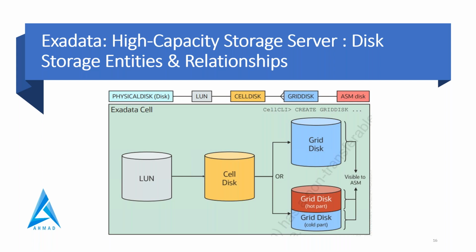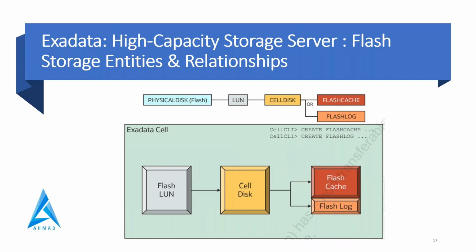In fact, when Exadata is initially configured, three grid disks are defined on most of the cell disks. We will discuss later the two grid disk, three grid disk or four grid disk configurations.